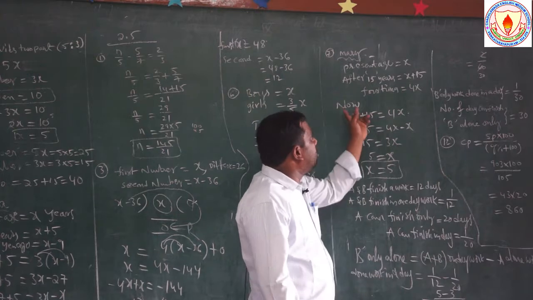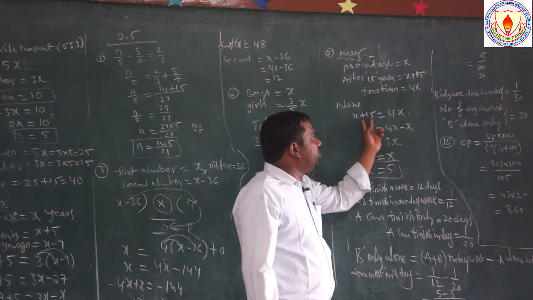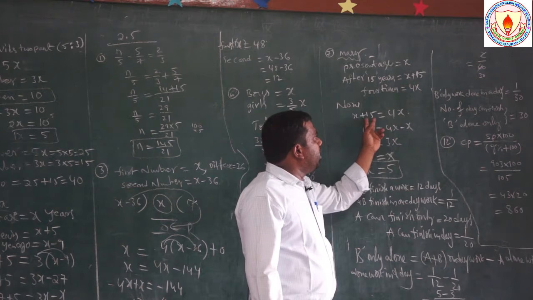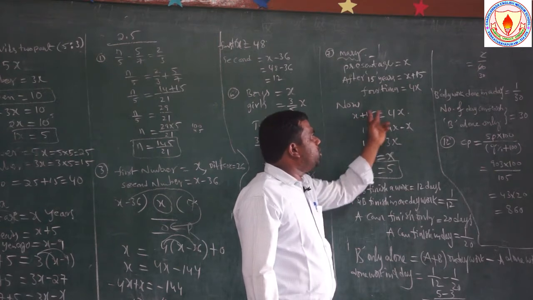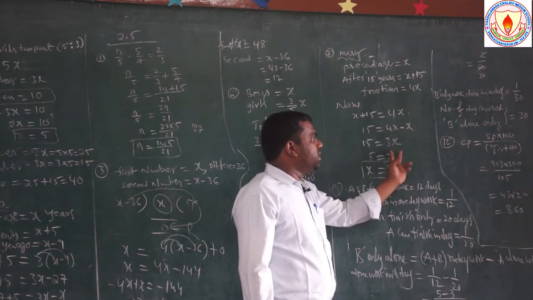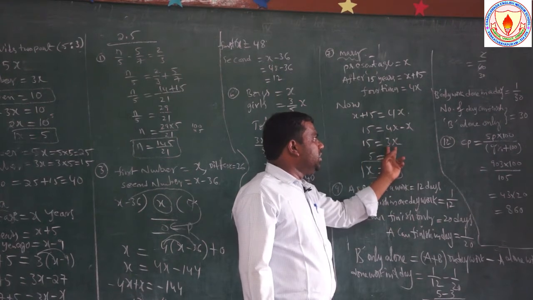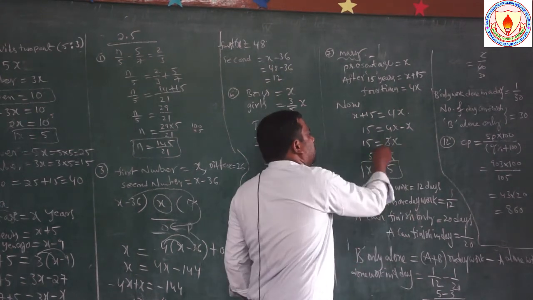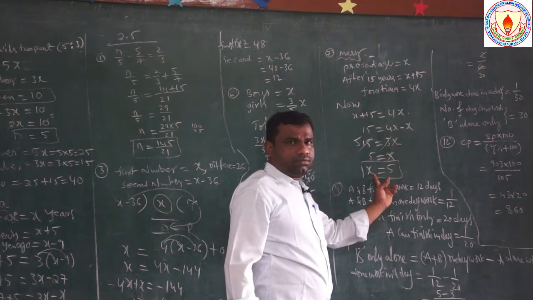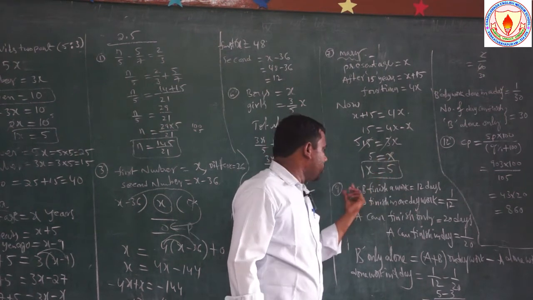So x plus 15 is equal to 4x. Here x is transposed to the right hand side as minus x. 4x minus x is 3x. So 15 is there, 3 table cancels 5 times. So x is equal to 5. Okay? Next, coming to the ninth problem.